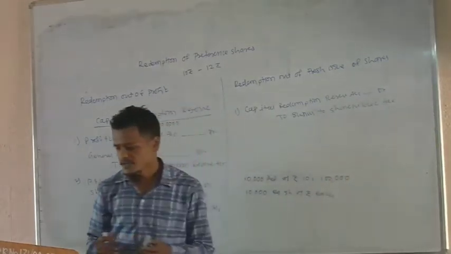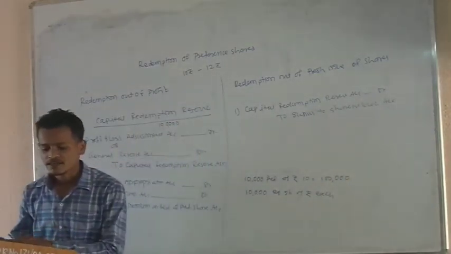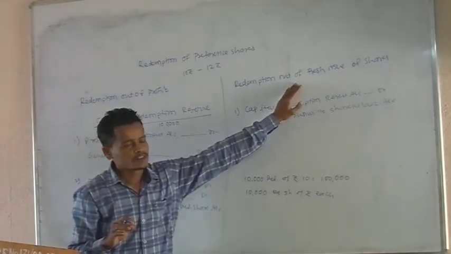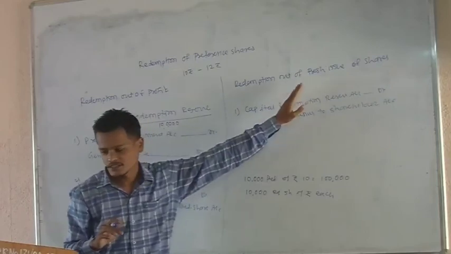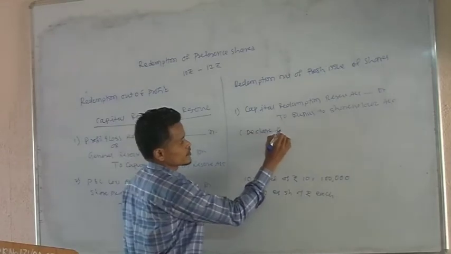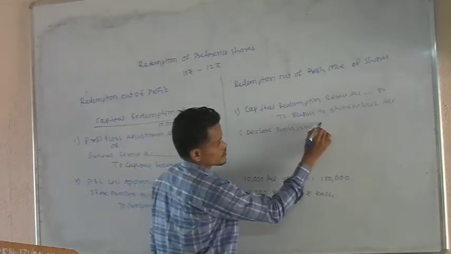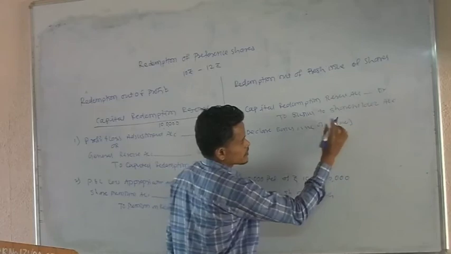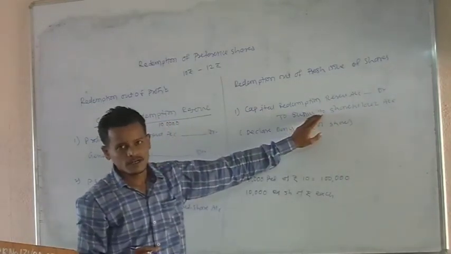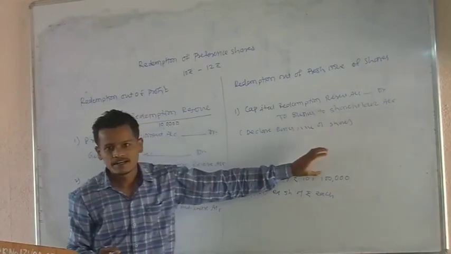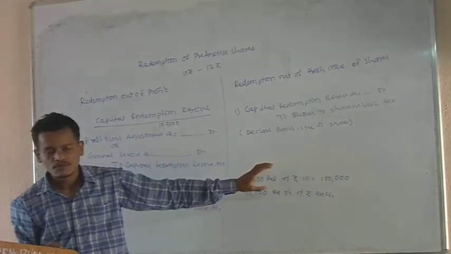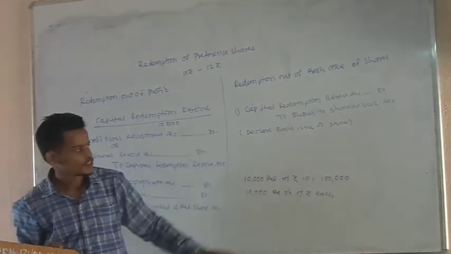This entry is made when there is a declaration of redemption of preference shares out of fresh issue of shares. The company is declaring a bonus issue of shares and these shares are given to the shareholders. That is why it is credited to bonus to shareholders account, and that amount is credited to equity share capital when there is an issue of bonus shares to the existing shareholders.